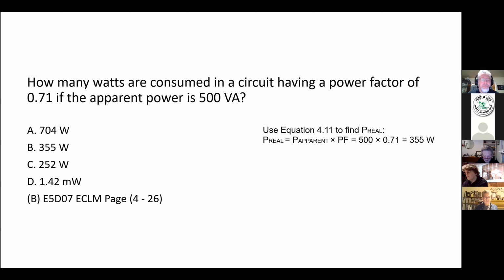B. Bravo is correct. Use equation 4.11 to find the real power. So you have real versus apparent power. 500 times 0.71 is 355 watts.